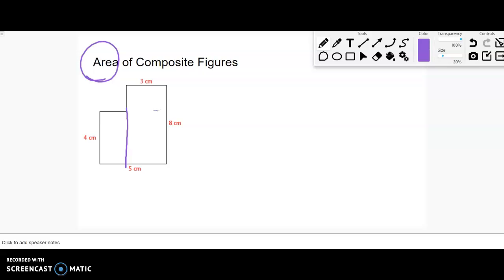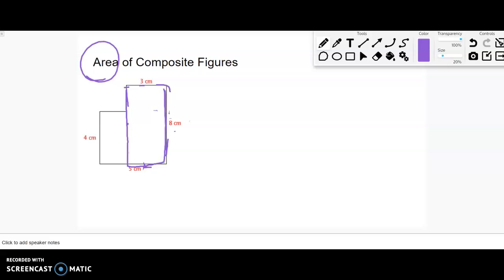Okay, so since I have the line on there, we'll go with this. So let's look first at this bigger rectangle. Now it's really tempting to say 5 times 8. Okay, this number is down by that line, this number is over here. But look carefully at how big this rectangle actually is.